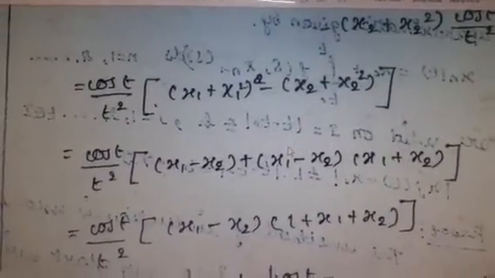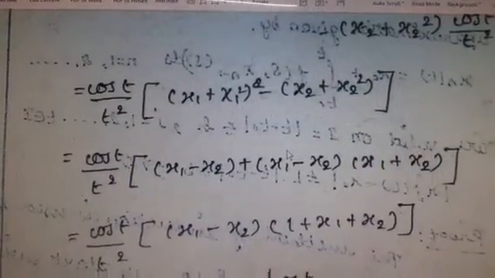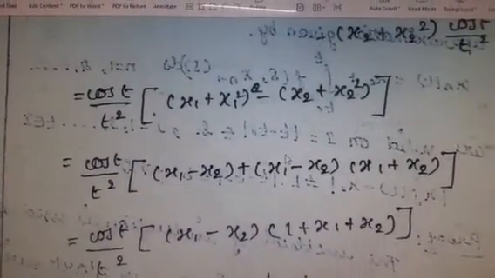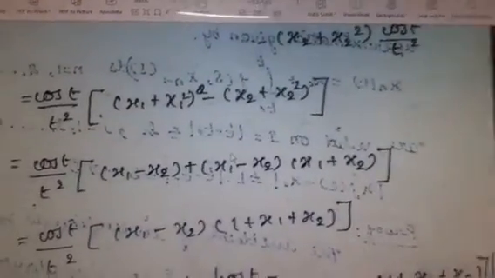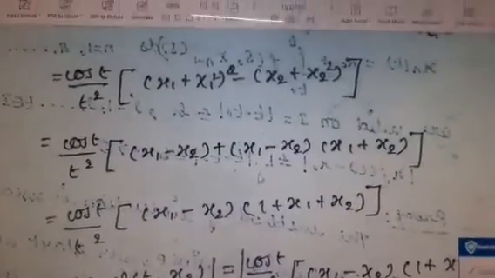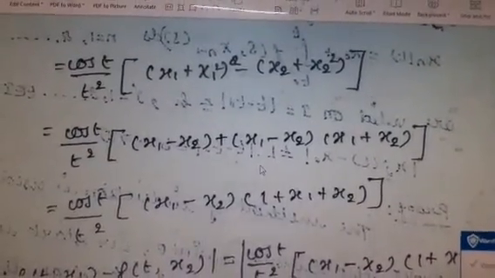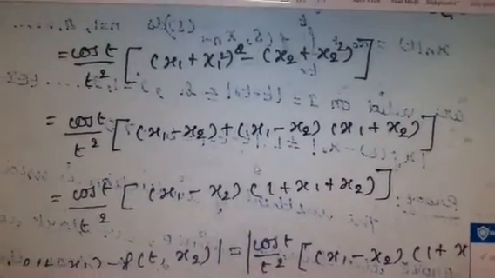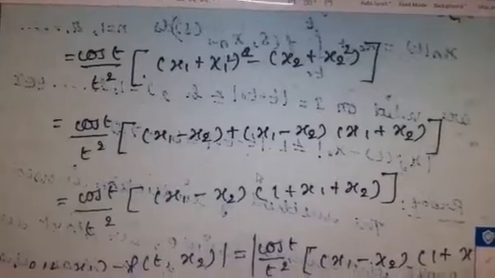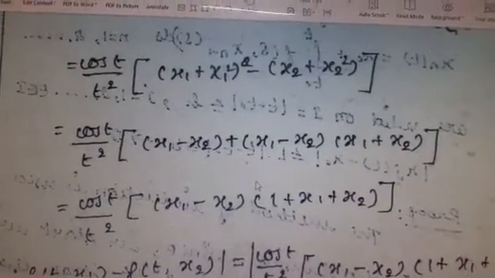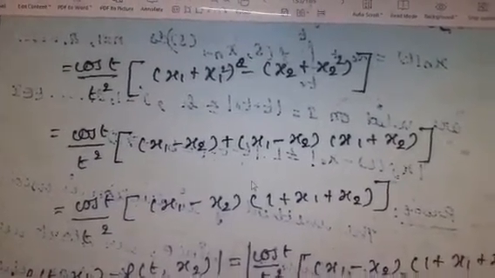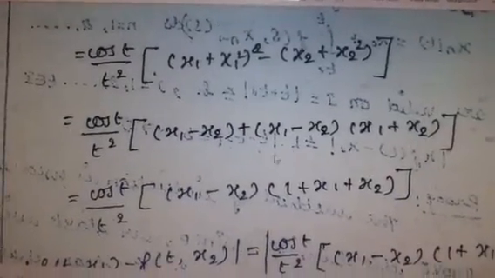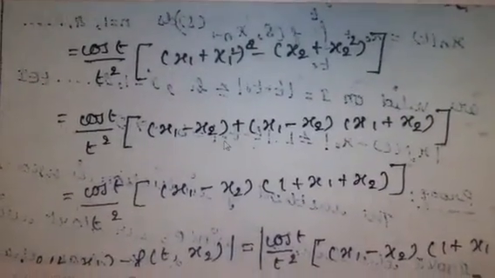So this can be written as cos t by t squared times [(x1 - x2) + (x1 - x2)(x1 + x2)]. In this expression we can take out the common element (x1 - x2). Then the remaining element will be 1 + x1 + x2. So we have simplified this expression to a convenient form.